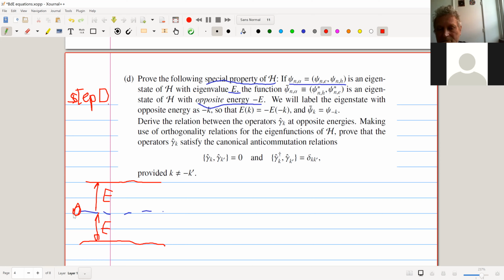Moreover, it is known how eigenfunctions of these states are related to each other. There is a combination of transposition and complex conjugation.